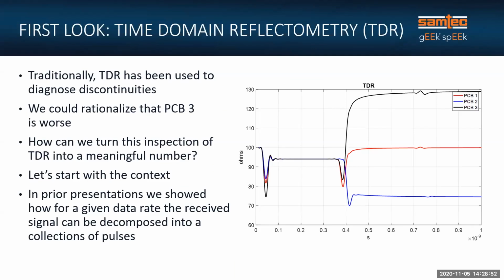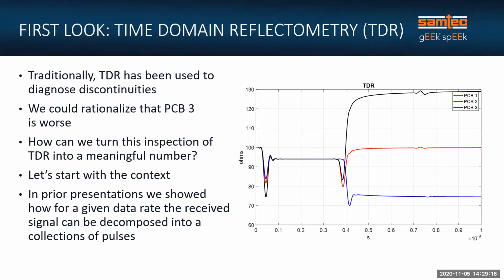So this is traditional TDR. Let's take the PCB3 board 3, and we can rationalize in this case, really just like we did with the case of the frequency domain plots.